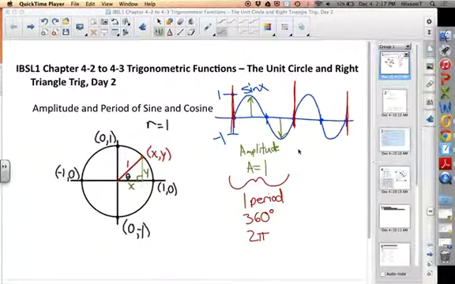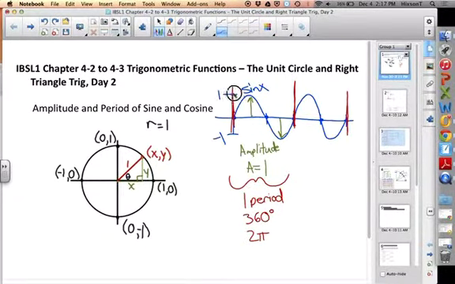Alright, the nice thing about this is that cosine follows the same rules. It's just a little bit different, okay? Instead of cosine starting at 0, where is it going to start? At 1. And when sine gets up to 1, cosine is at 0.